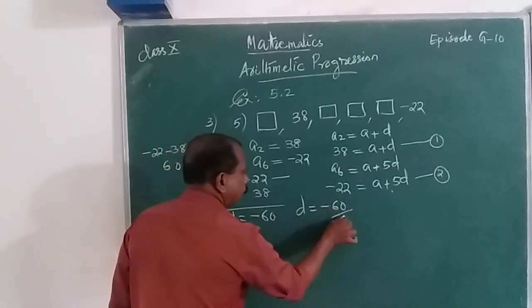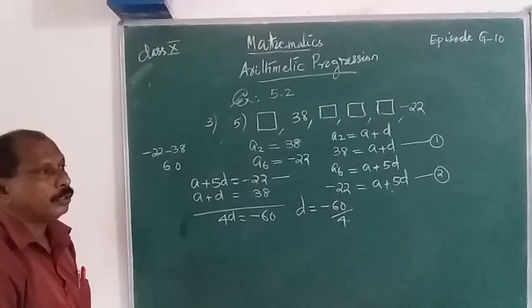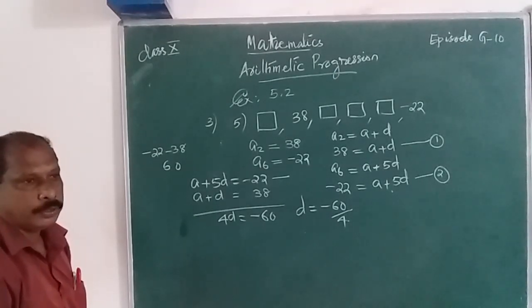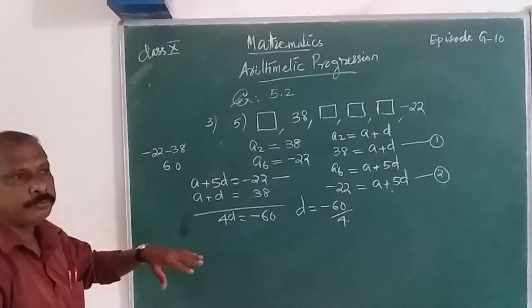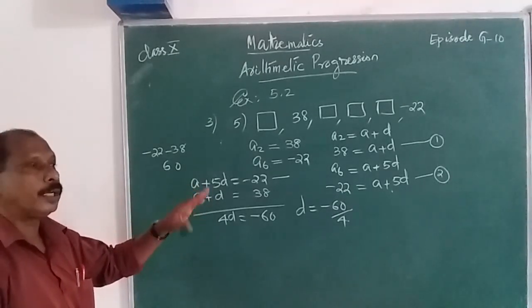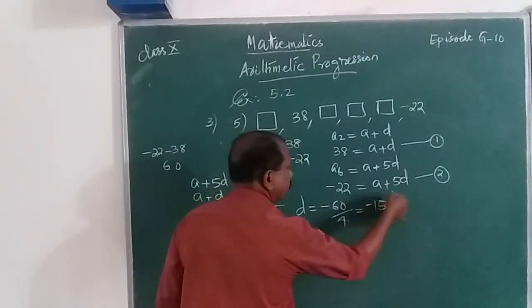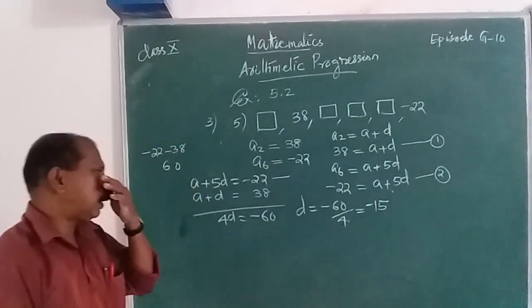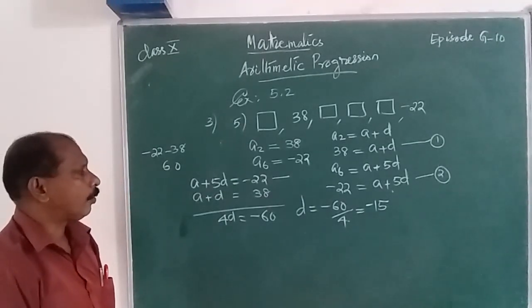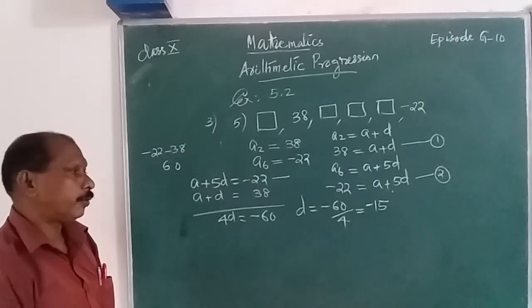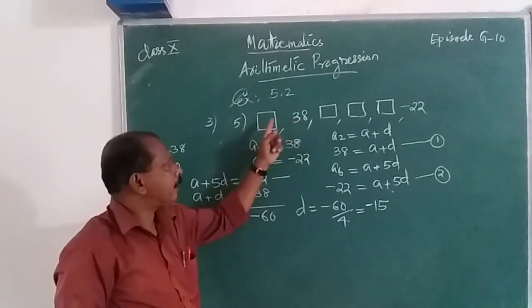Minus 60 by 4. 15 into 2 is 30. 15 times 4 is 60. Therefore, minus 15 is the common difference. Therefore, first term is 38 minus D.